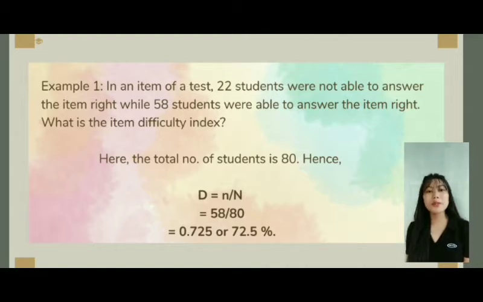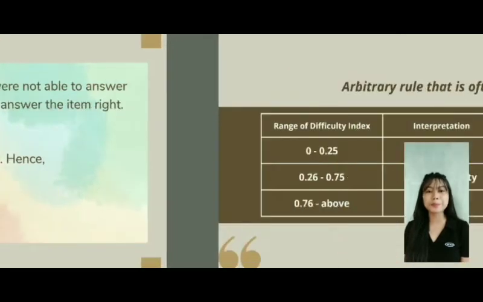Here, the total number of students is 80. So once again, our formula is item difficulty is equal to number of students with correct answer divided by total number of students. We got 58 students who got the right answer divided by the total number of students, which is 80. The answer would be 0.725 or 72.5%.